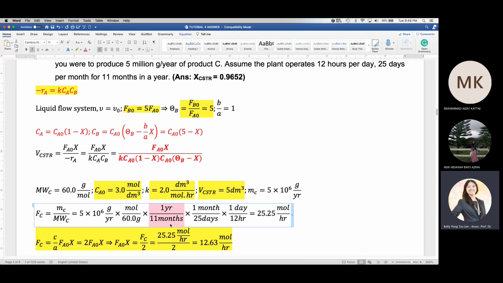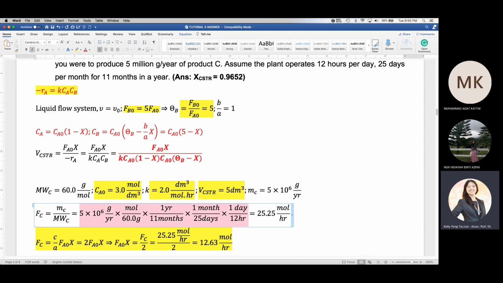So then second information dia kata for every 1 month the plant operate 25 days. Okay, so saya dah batalkan month, saya dah tinggal day. So sekarang jadi mole per day. And then in every 1 day, the plant only operate 12 hours. So day dah cancel, tinggal hour. So now we are left with the unit that we want, which is mole per hour.